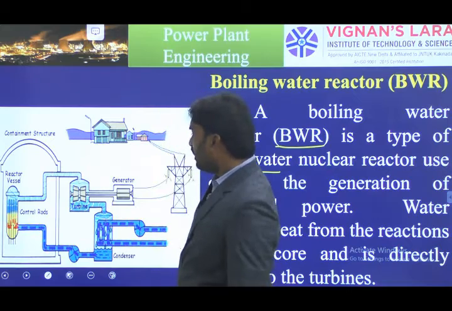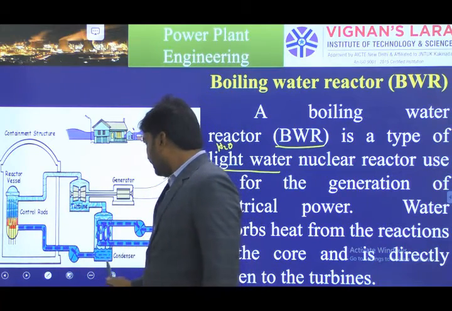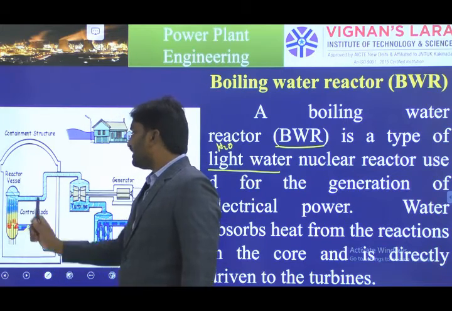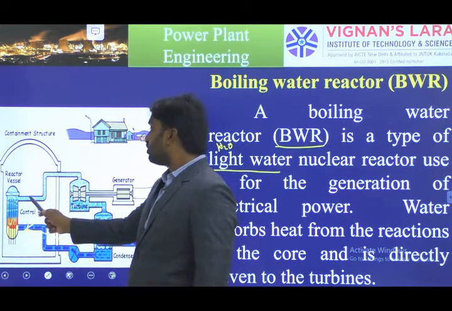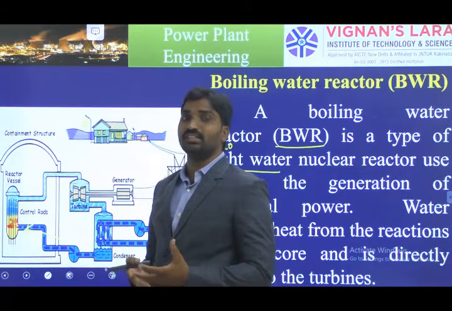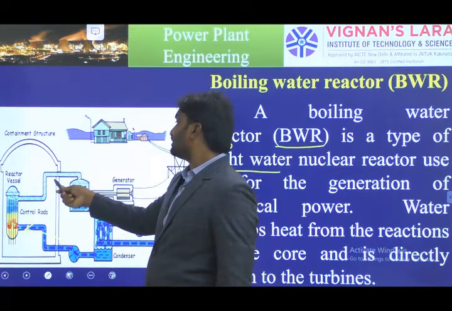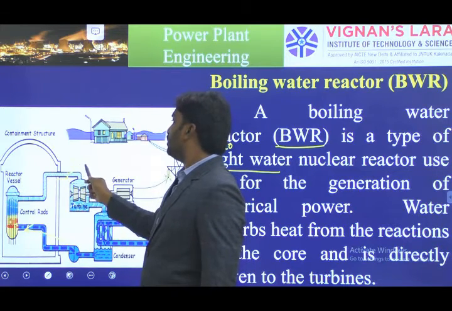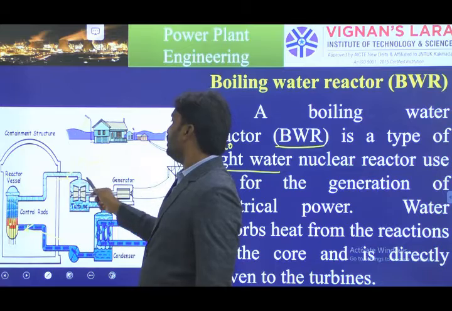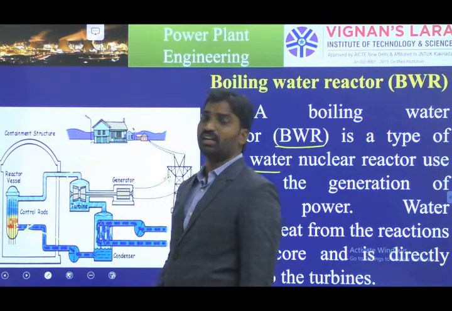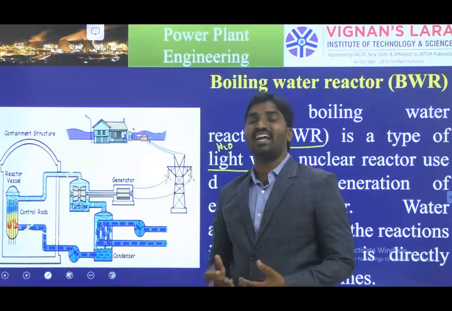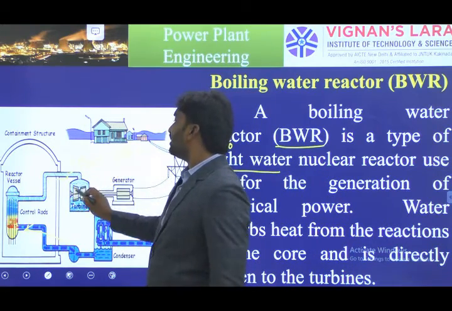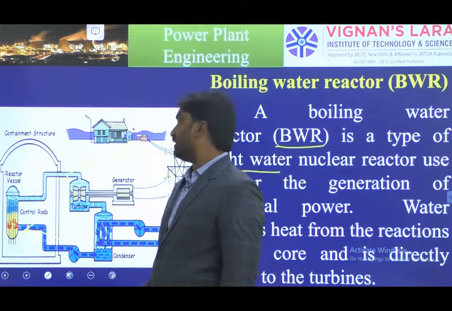Here we need to send the water to the reactor core. In the reactor core, that water absorbs the heat energy and is converted into steam. The steam has high velocity, which means high kinetic energy, and is used to run the turbine and generate mechanical energy.